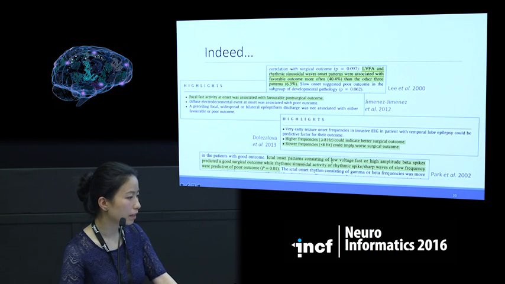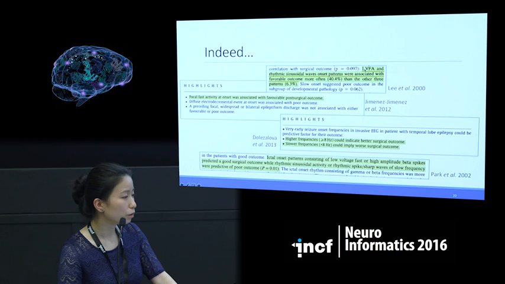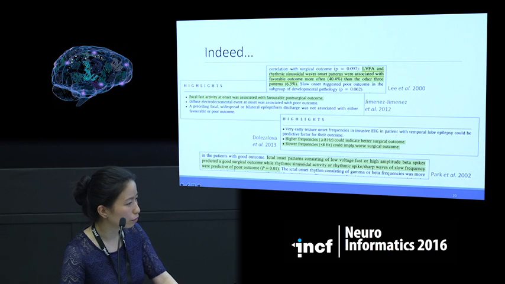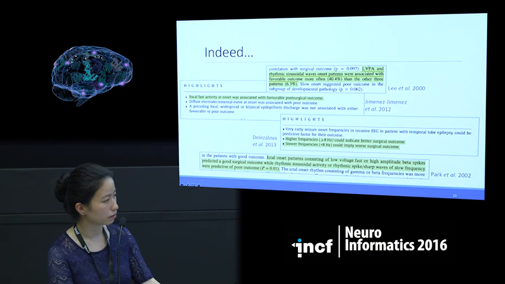I've highlighted 4 papers here, and essentially they say that low voltage fast activity and rhythmic sinusoidal waves were associated with a favorable outcome more often than the other 3 patterns, which in this case were higher amplitude onset patterns.